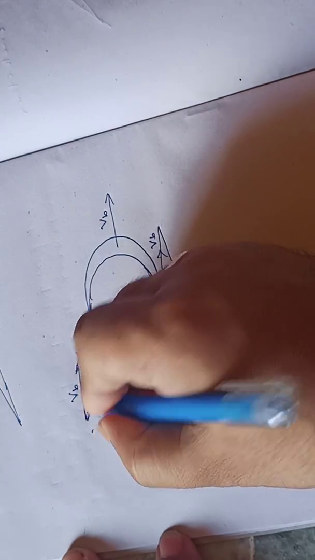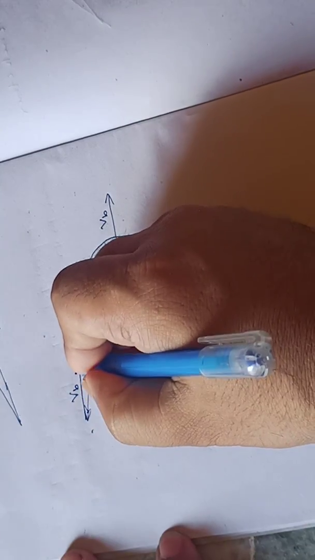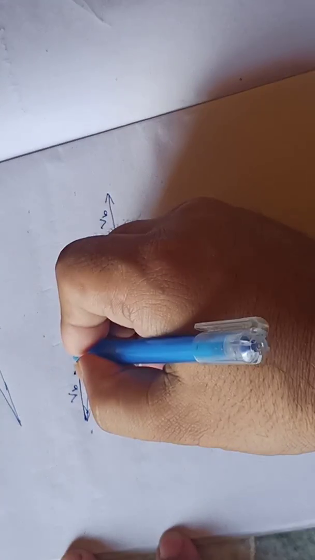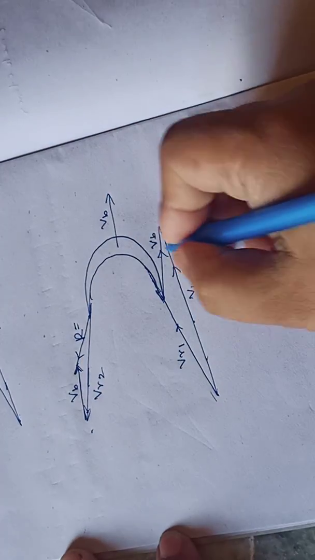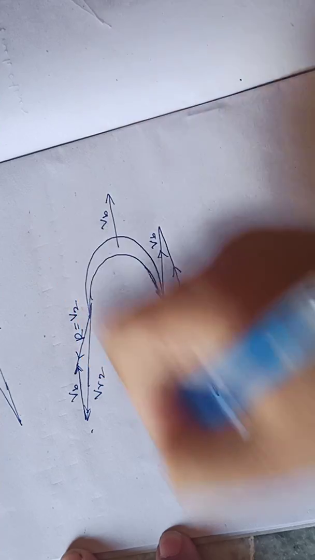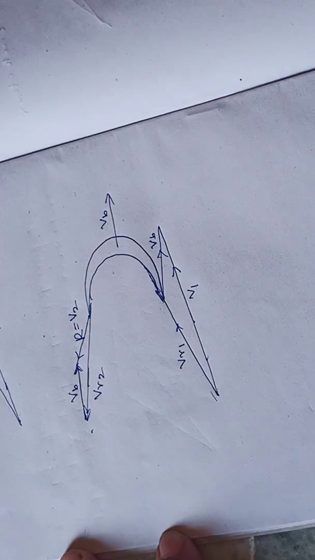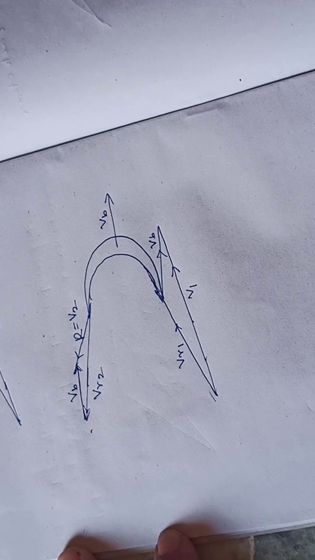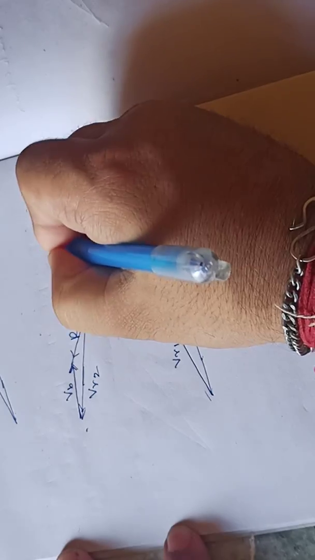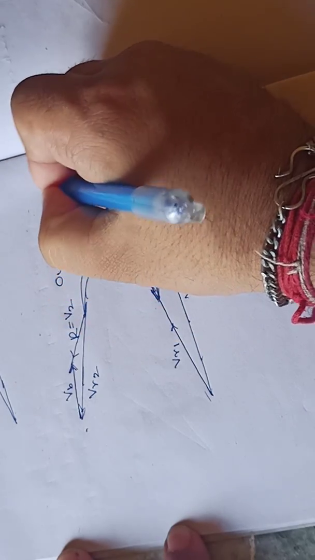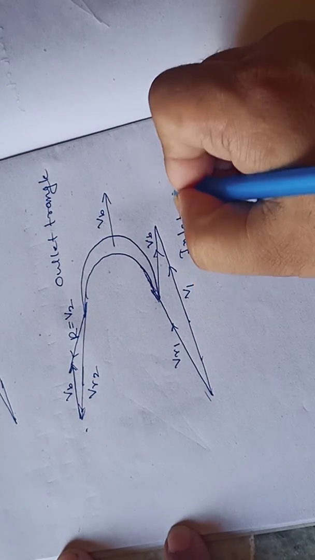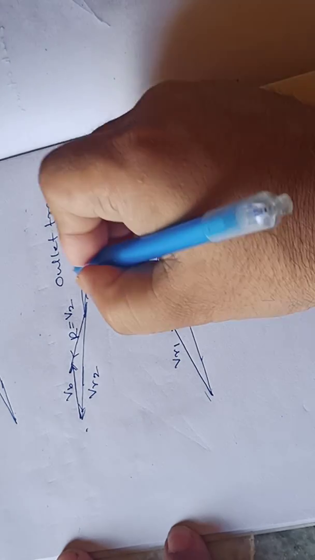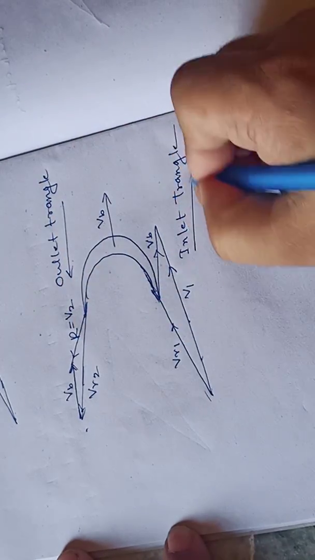This resultant velocity is V2. Now we have this outlet triangle, and this is the inlet triangle.